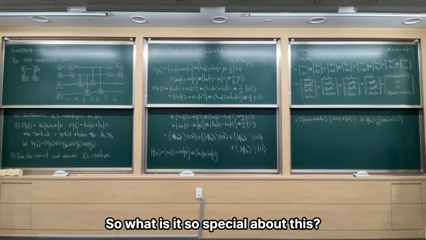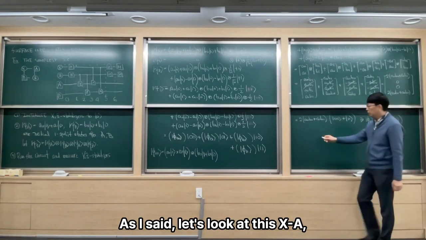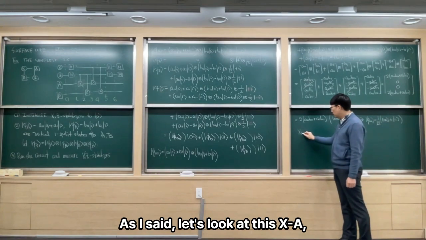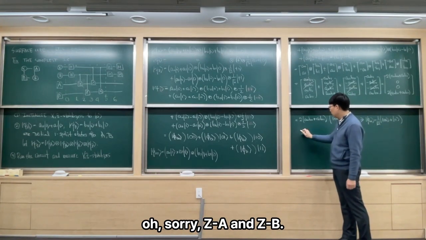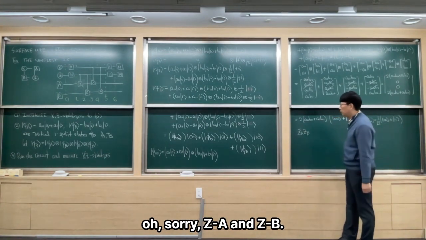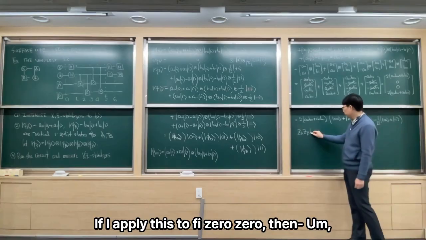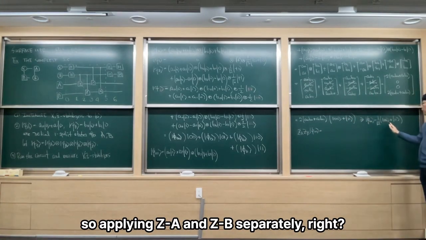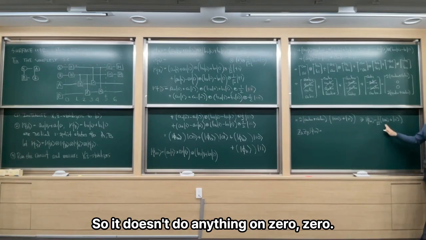So what is so special about this? As I said, let's look at ZA and ZB. If I apply this to phi 0, 0, applying ZA and ZB separately, it doesn't do anything on 0, 0.